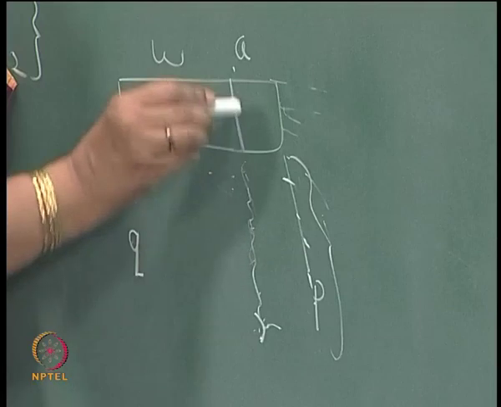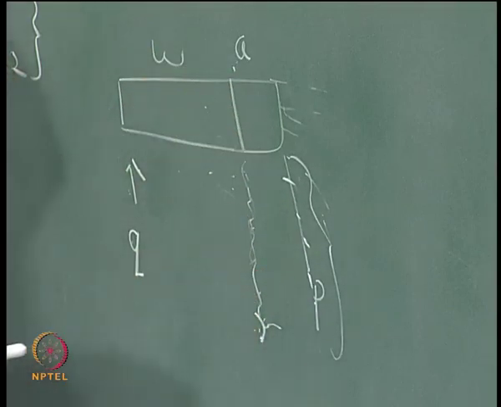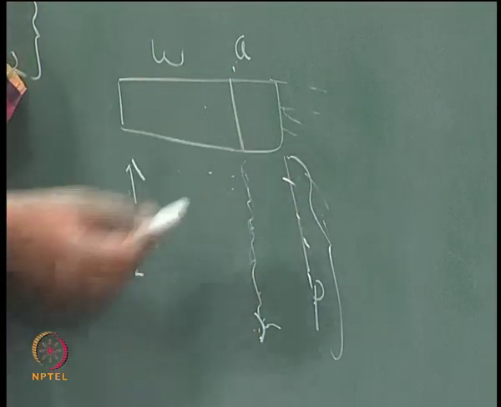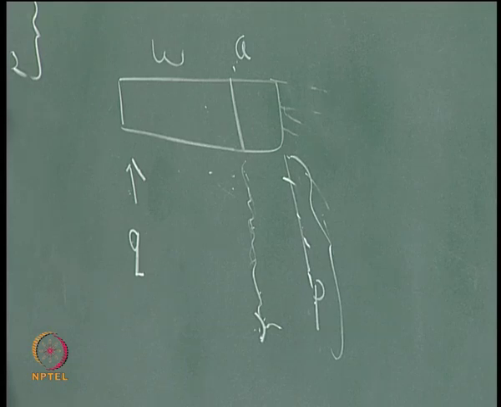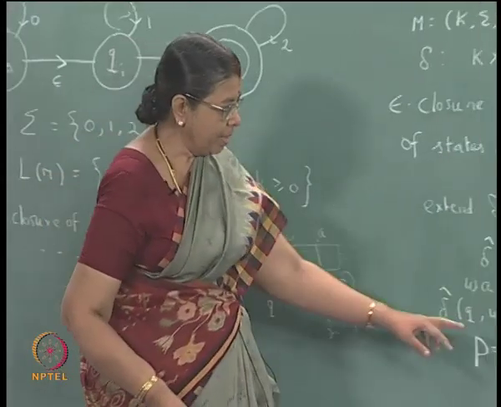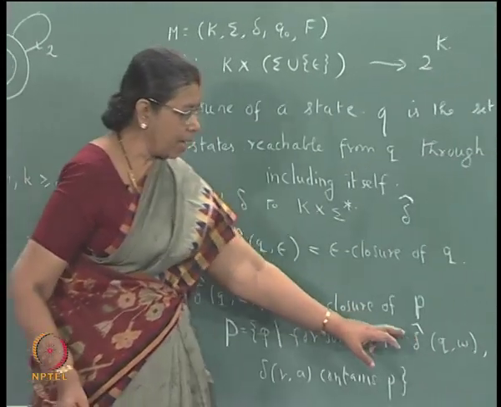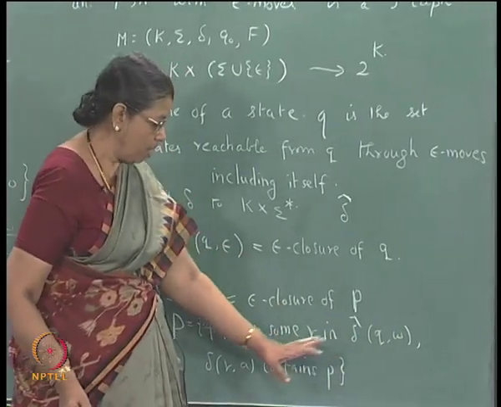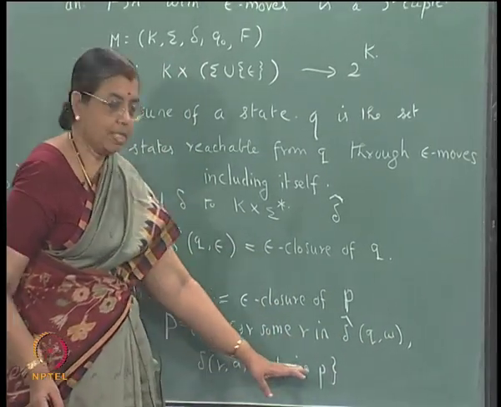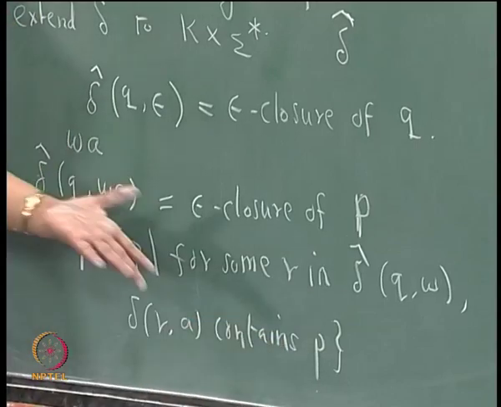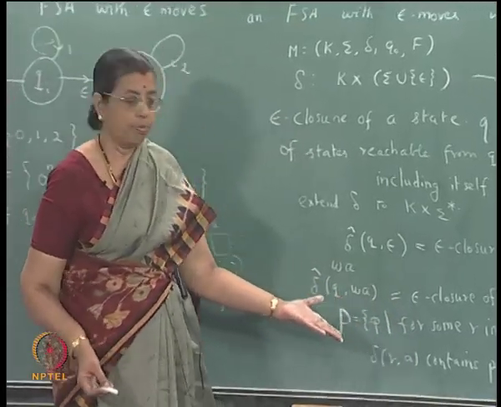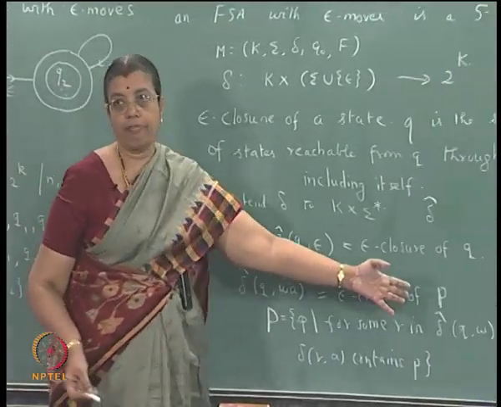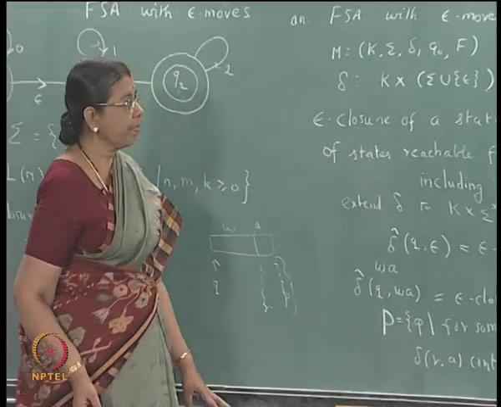From R, after reading A you can go to state P, but afterwards also you can make some more epsilon moves, right. So, for some R in delta cap of Q, W, delta of R, A contains P, then afterwards it can make some epsilon moves; that is why you write it as the epsilon closure of P.